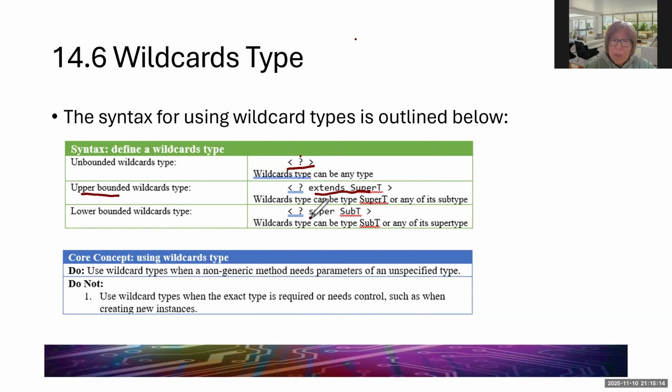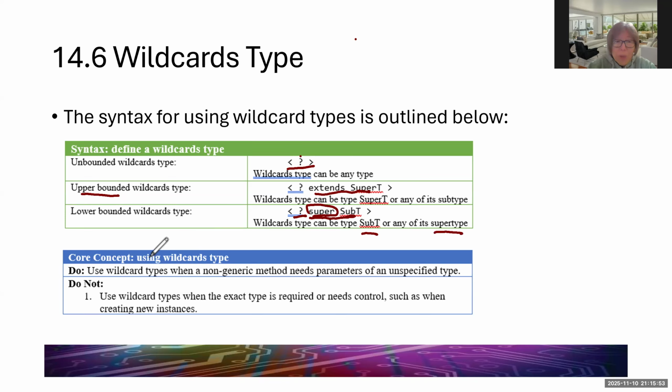But it also allows another form: question mark, then the keyword super, and then some subtype. In this case, the question mark can be this subtype or any of its super types. So it's more flexible for wildcards.